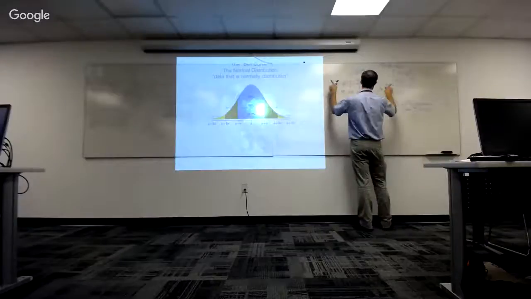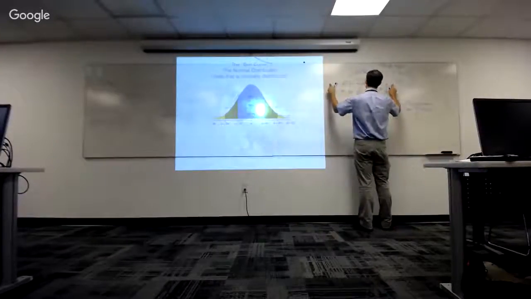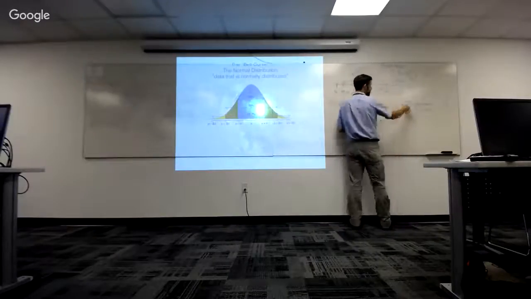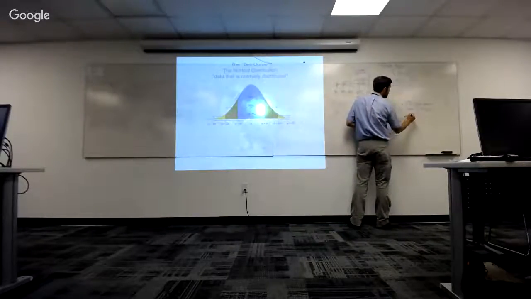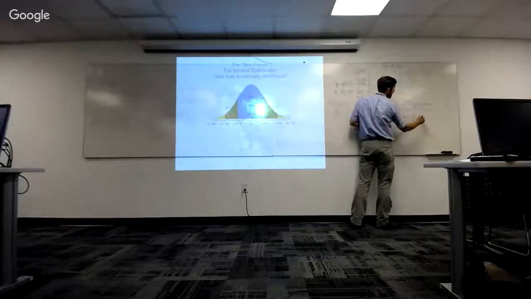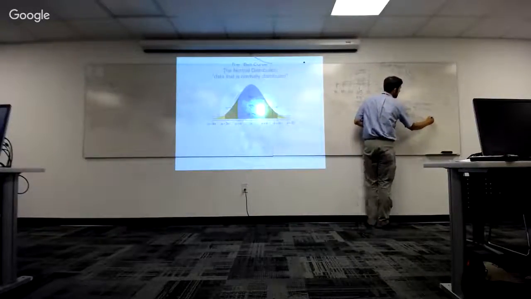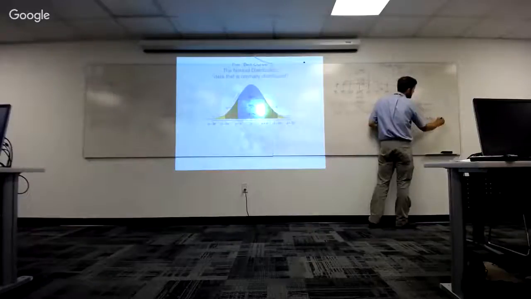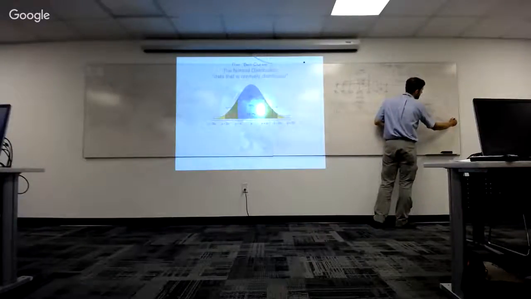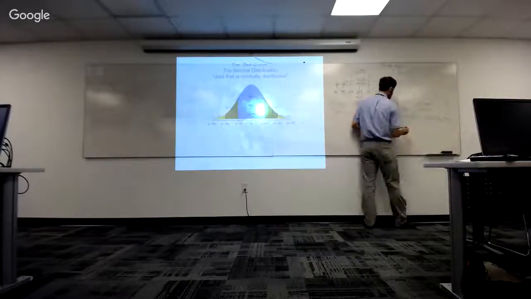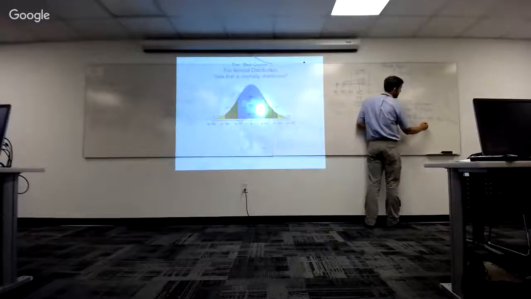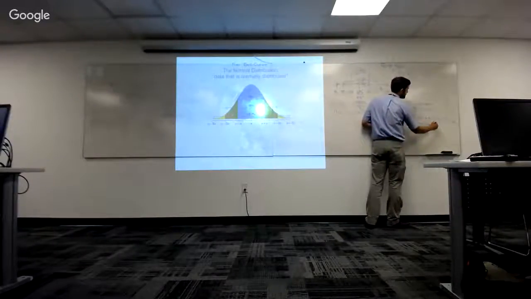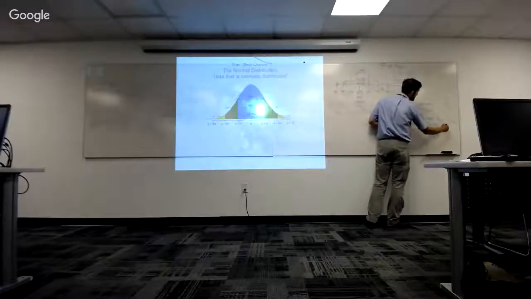But keep in mind, there's 2 tails, right? You could either have people who are super tall or people who are super short. So that 0.3% you have to cut in half and say 0.15% are taller than 3 standard deviations, and 0.15% are shorter than 3 standard deviations.